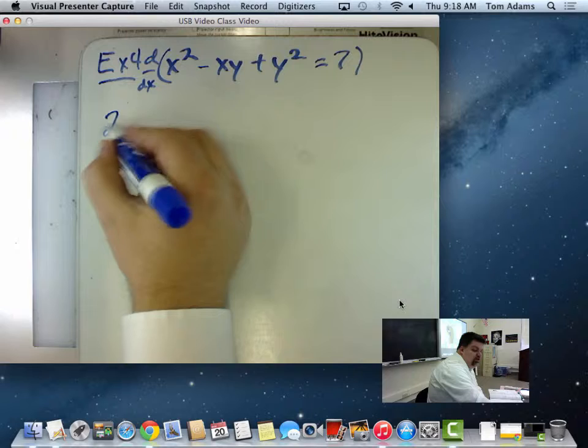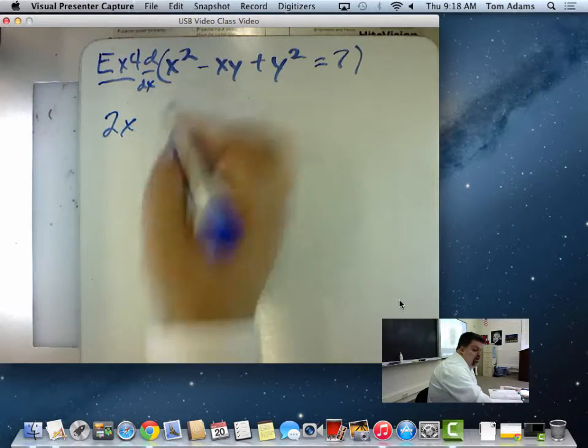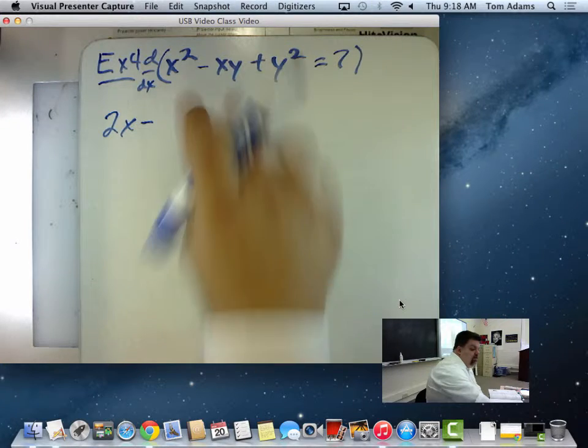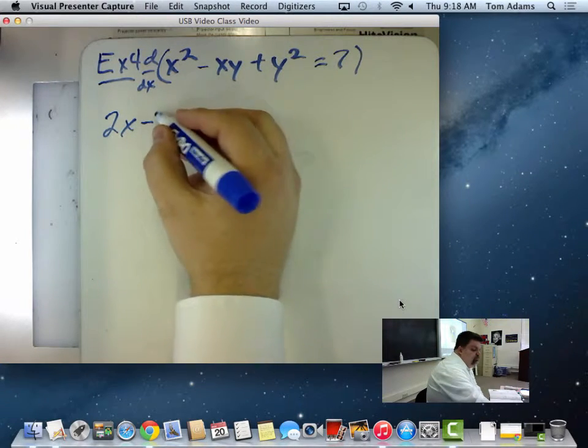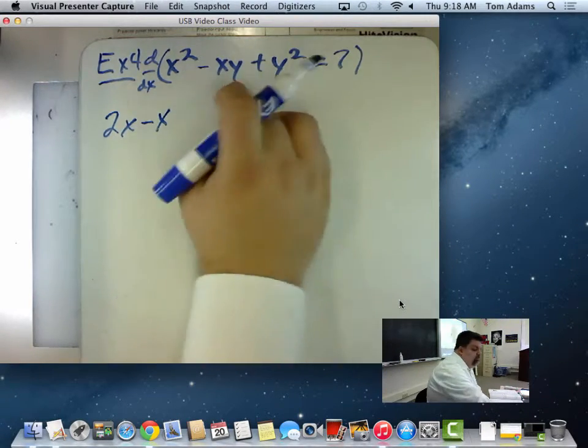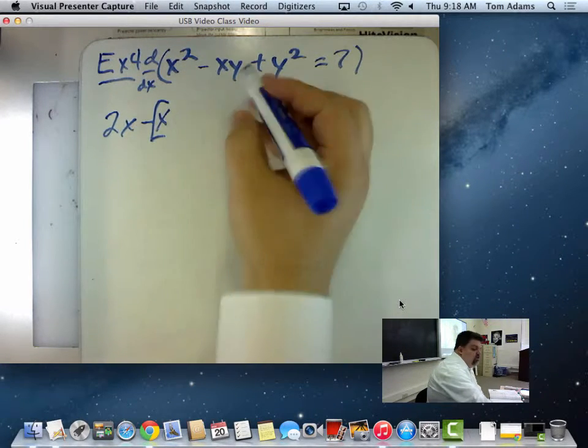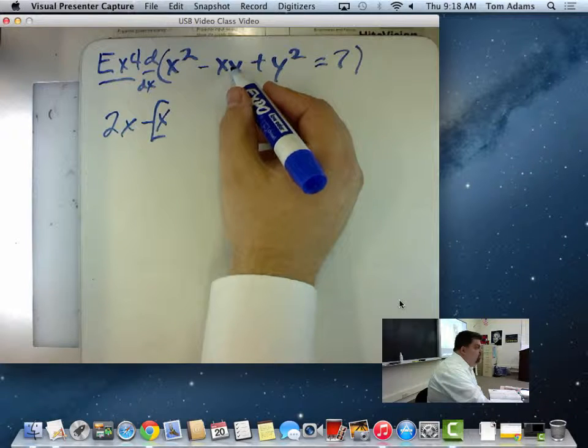This is going to become 2x, right? And then now this we use the product rule. So it's minus the first term, which is x, times the derivative of this one, right? So what is the derivative of y? Yeah, y.